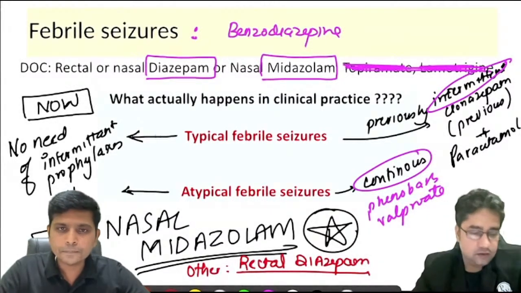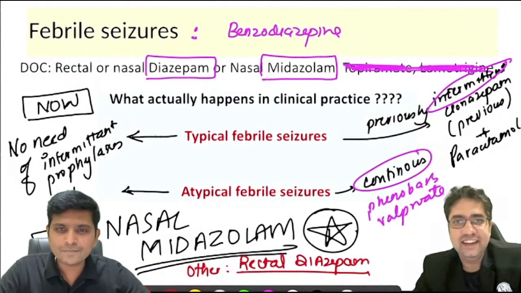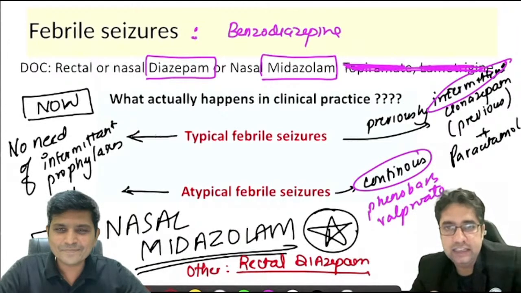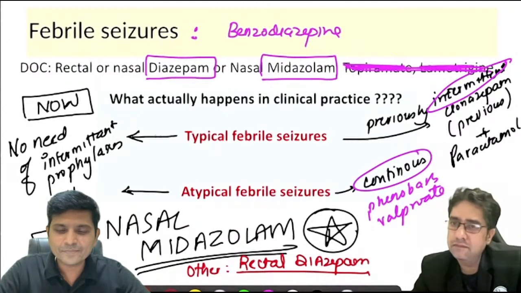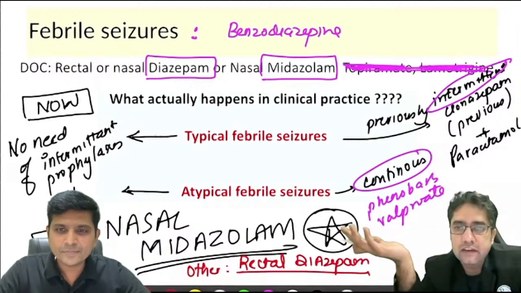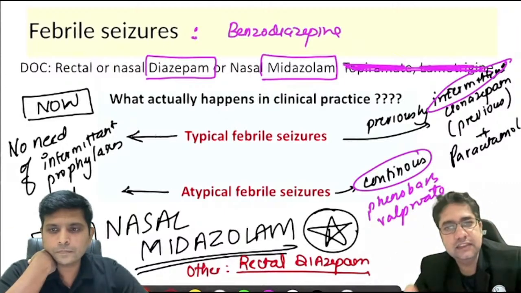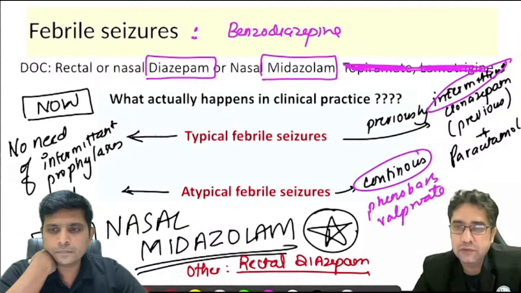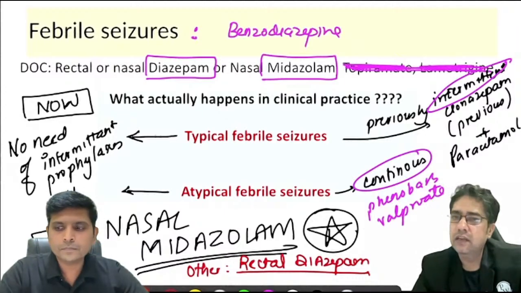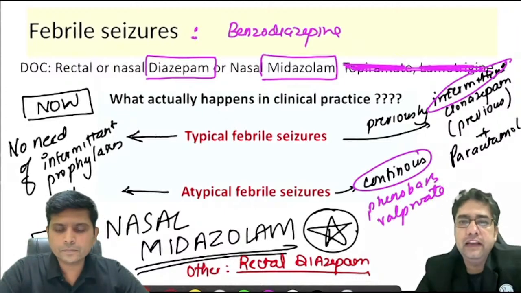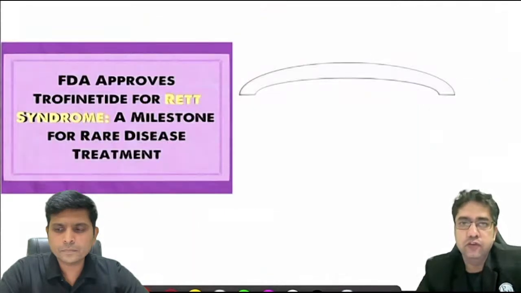So I think I am teaching right that rectal diazepam or nasal midazolam are still considered the drug of choice. There is a lot of confusion in books about what was given earlier, but now, as sir has clearly explained, the current guideline says nasal midazolam spray or rectal diazepam, both for typical febrile and atypical febrile seizures.